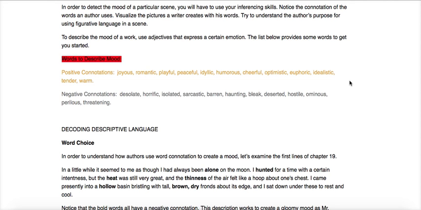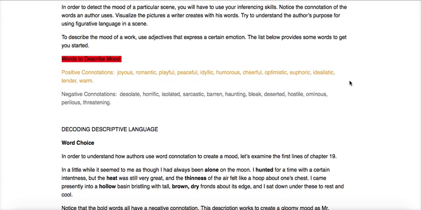Some positive connotation words, and these are by no means all, are joyous, romantic, playful, peaceful, idyllic, humorous, cheerful, optimistic, euphoric, which means really, really happy, idealistic, tender, and warm. All of those words bring to mind good feelings.